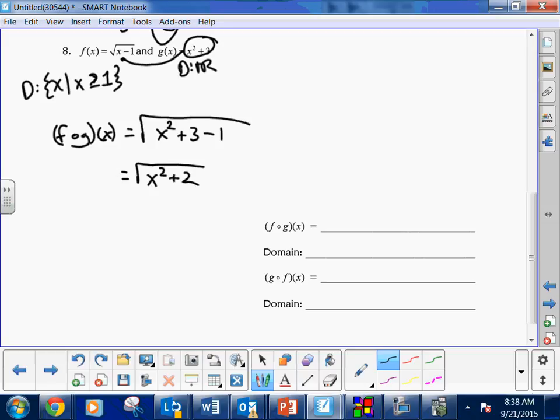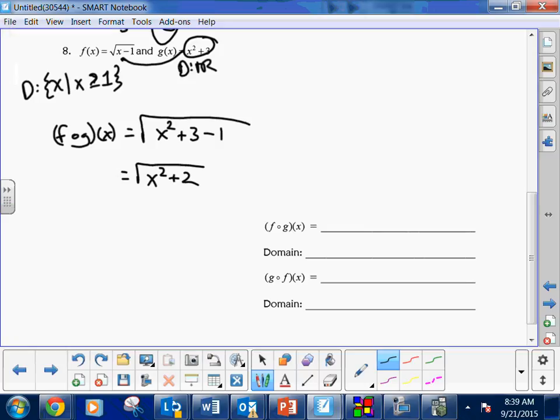And we will actually have a new type of domain restriction that occurs with this one. Because once we do the substitution, we still have to have x squared plus 2 greater than or equal to 0. Whatever falls in the radical still needs to be positive.